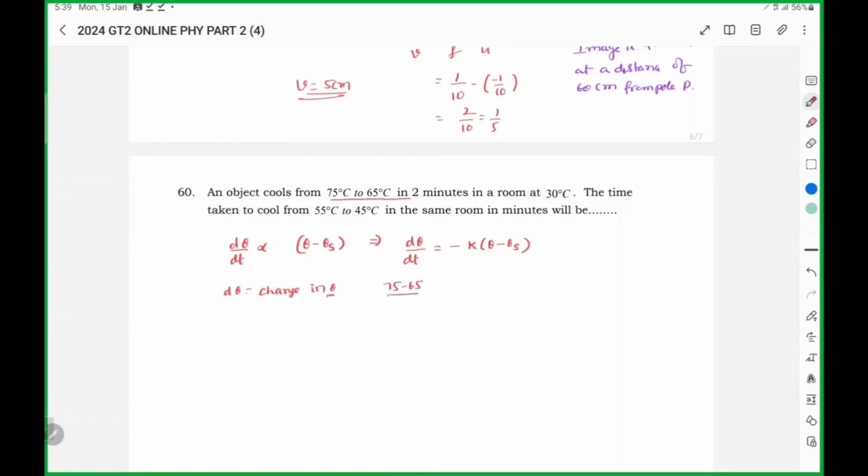Time taken is 2. Here theta consistently changes from 75 to 65, so we take the average temperature minus the surrounding temperature: minus K, 75 plus 65 is 140 by 2, minus K into 40. K here is minus 1 by 8.